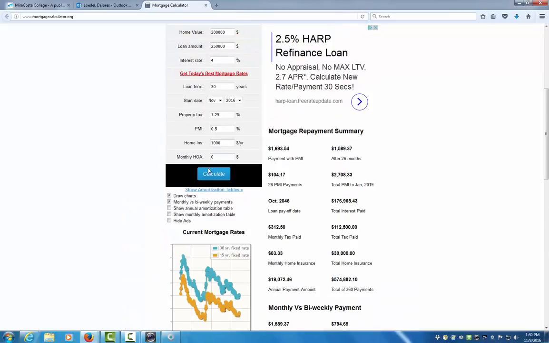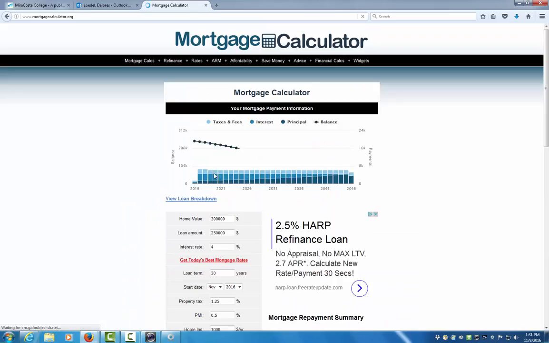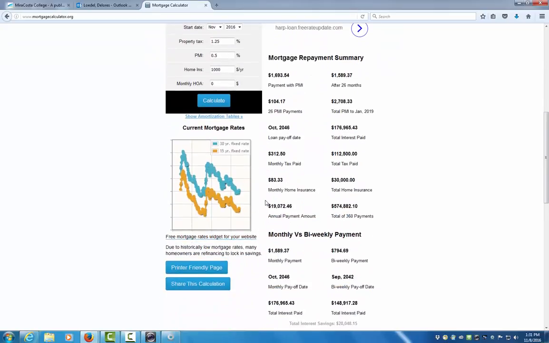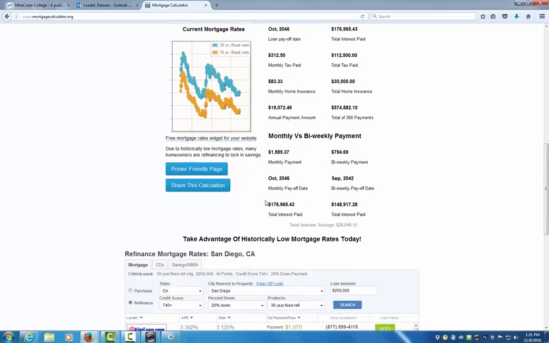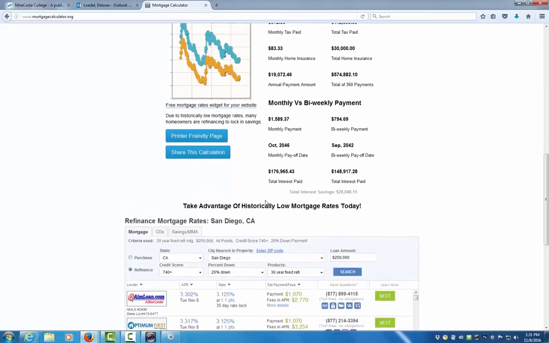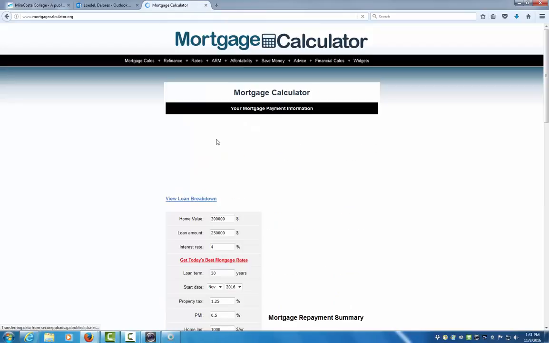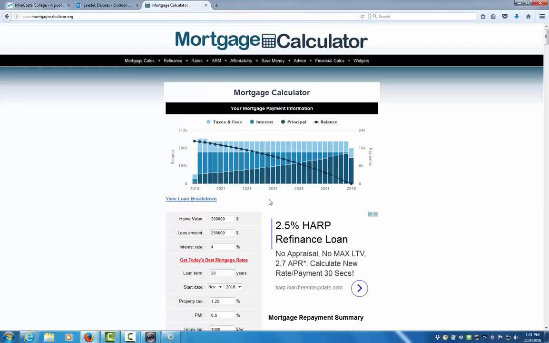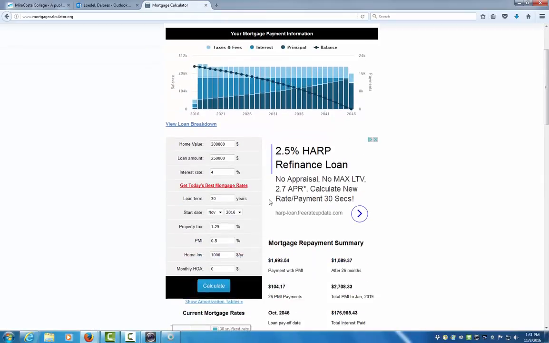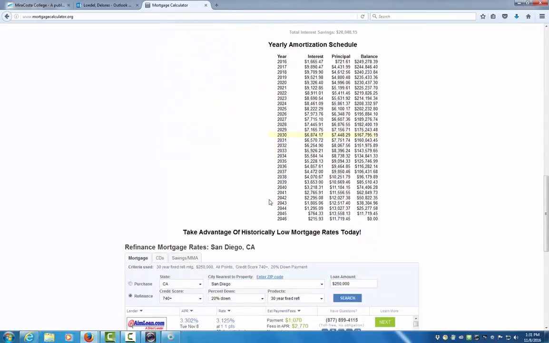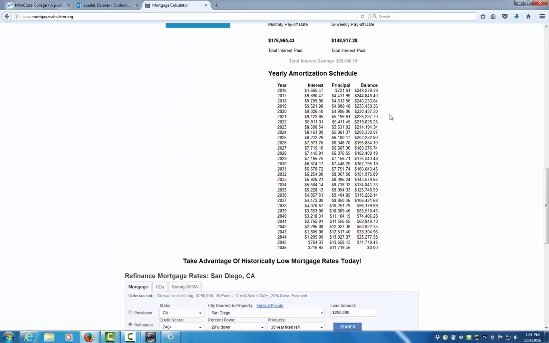Sorry, I saw this previously and now I'm having trouble finding the amortization piece that I wanted to show you. Oh, here we go. Show annual amortization table. Sorry, I didn't have that clicked. All right, then there's the table here that shows the amortization. Here you go, the yearly amortization schedule.